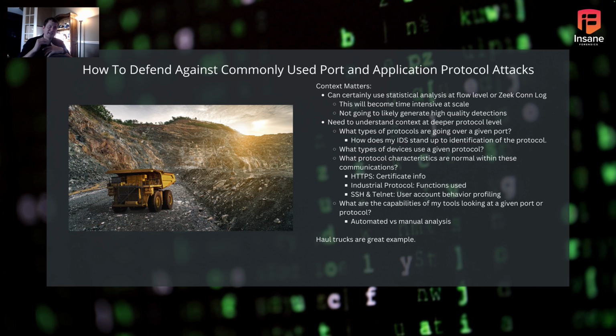Context too, you can even get down to what types of devices are using a given controller. This could be down to the device itself. You could do this from subnet. Hey, what does HR really need to do to my server subnet, right? Can I kind of baseline or get a behavior for HR between this, right? So what types of devices are using that protocol?